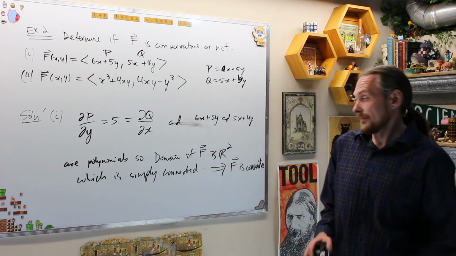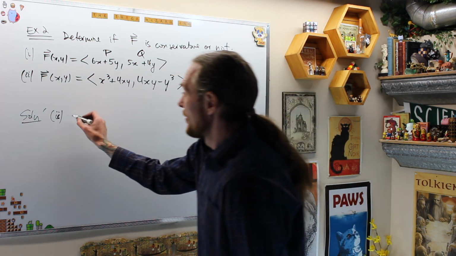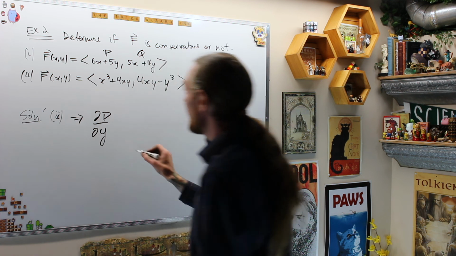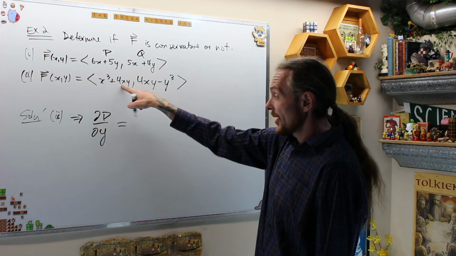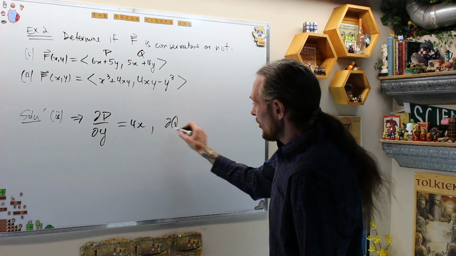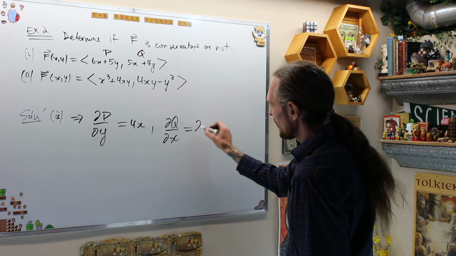The second one, II, commonly referred to as 2 in English. We have the partial of p with respect to y, in our case, is going to be 0, and then we're going to just get 4x. And the partial of q with respect to x is this. You can put that in there if you want. I'm just being lazy.